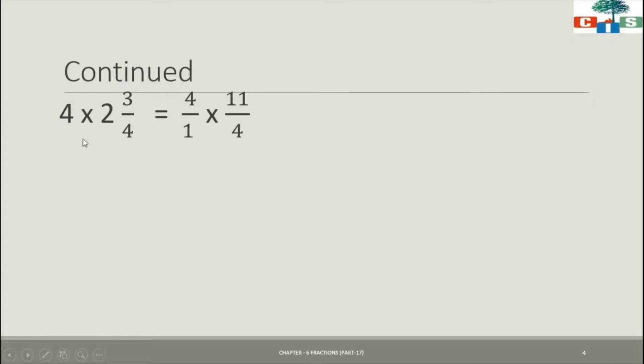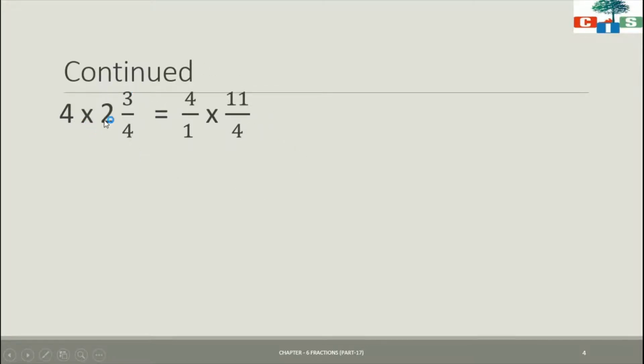This 2 3/4 represents the cans required to paint one side of the field. First we will convert this mixed fraction to an improper fraction. How do we do that? We multiply the whole number with the denominator and then add the product to the numerator.